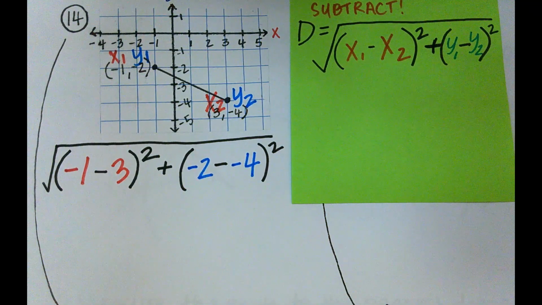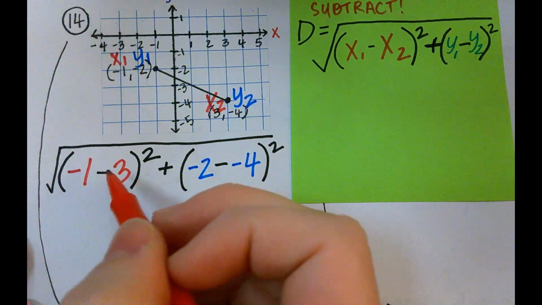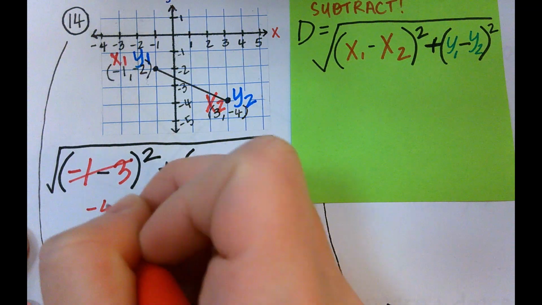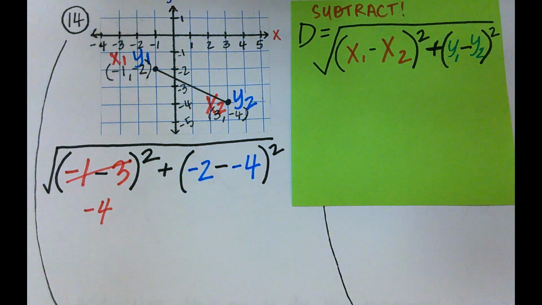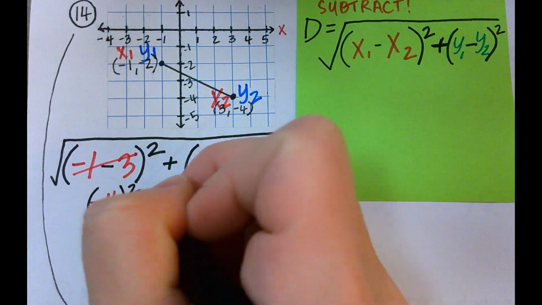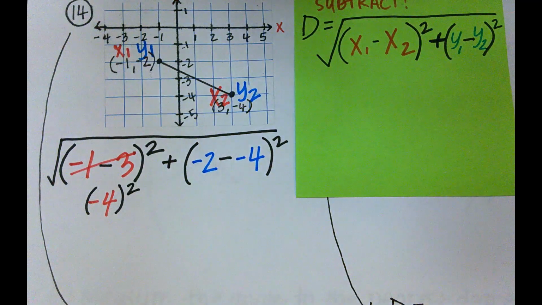We'll get there. We'll start with our x's. -1 minus 3 is -4. So, -4 squared will give us 16.